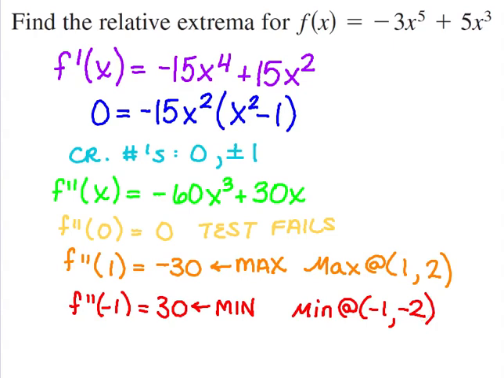We need to figure out what happens at 0, 0. To do that, we need to look to the left and to the right, so we have to use our first derivative test.